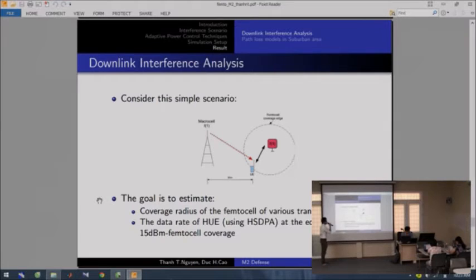So the goal in this part is to determine the coverage radius of the femtocell in this scenario. The coverage radius is the radius within which the femtocell user can receive acceptable signal quality from the femtocell.